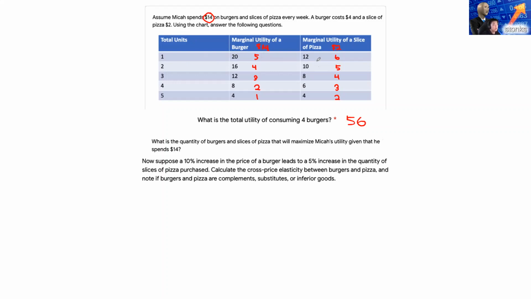That means we spend $4 on pizza and $4 on burgers, and we get 8. But we didn't use up our budget, so we go to the next one. We buy 2 burgers, which is $8, and we buy 3 pizza, which is $6. And then we get 14, which is exactly our budget. So we buy 2 units of burgers and 3 units of pizza.